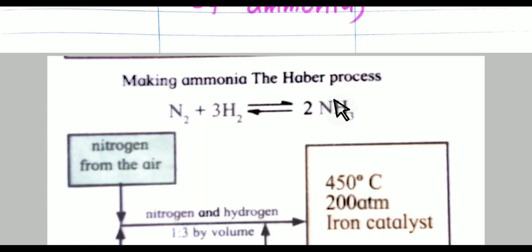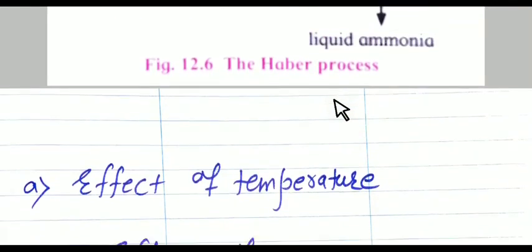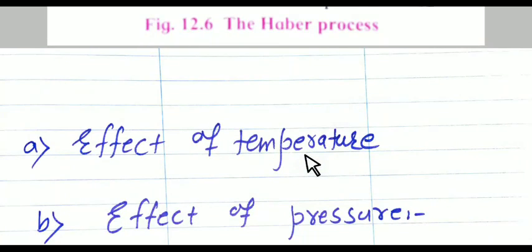Now let us consider the effect of temperature on the formation of ammonia. The formation of ammonia, as we know, is an exothermic reaction. That's why whenever we decrease the temperature, equilibrium shifts to the right side.